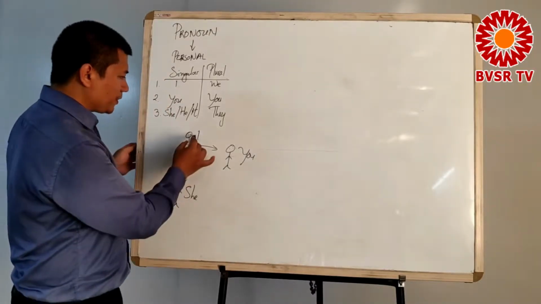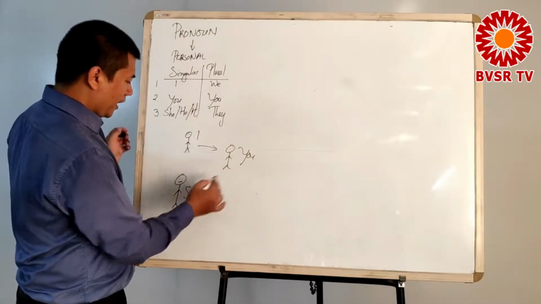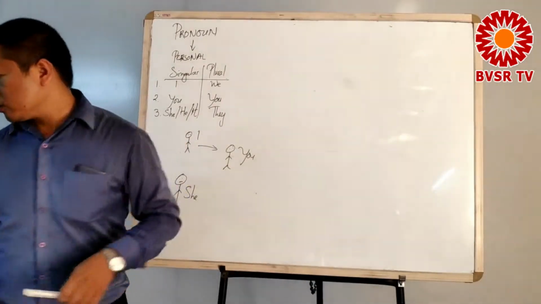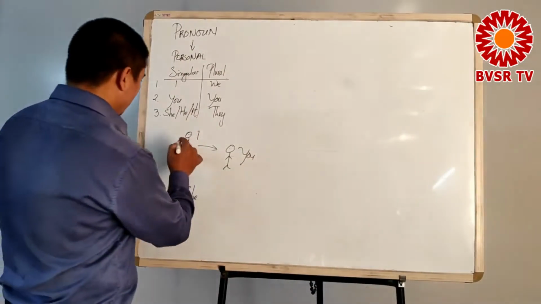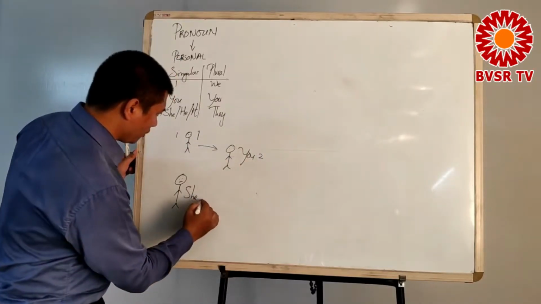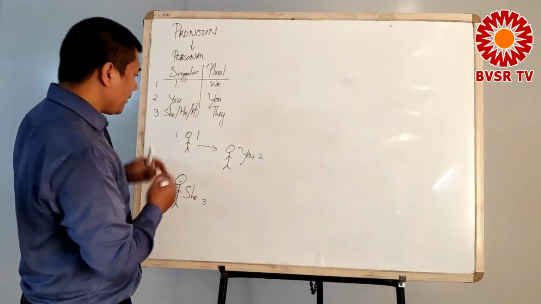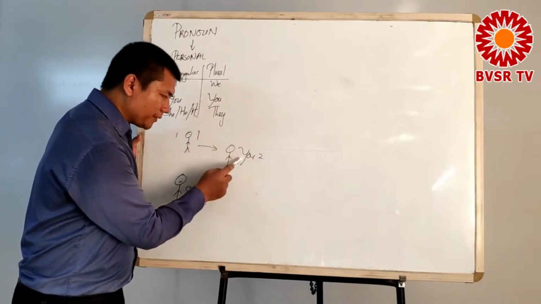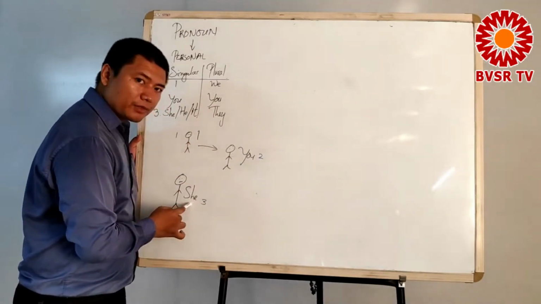So this is the first person, this is the second person, and this is the third person. I'll mark them with blue color. So this person is talking to this person about the third person.